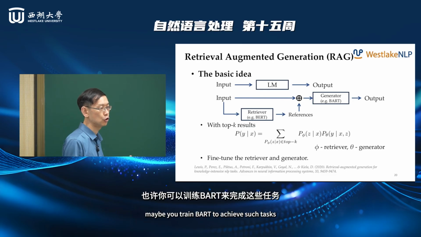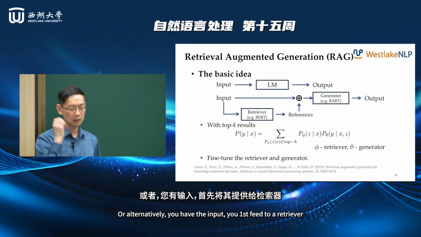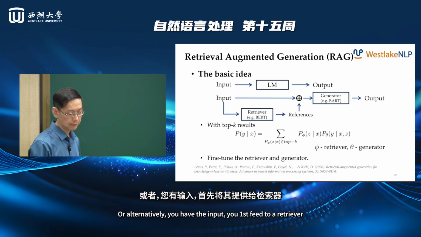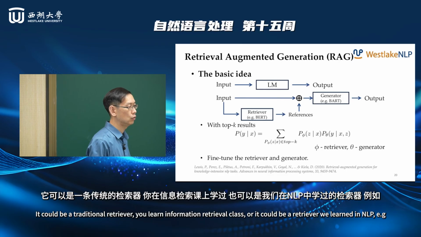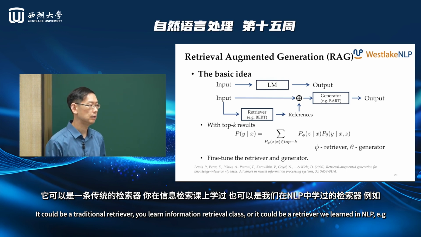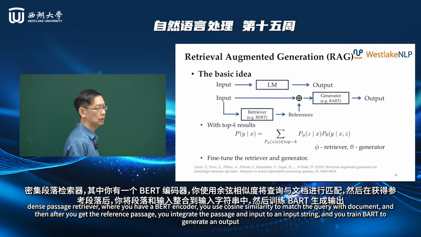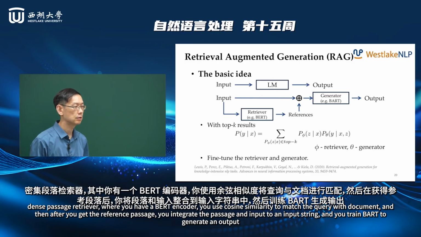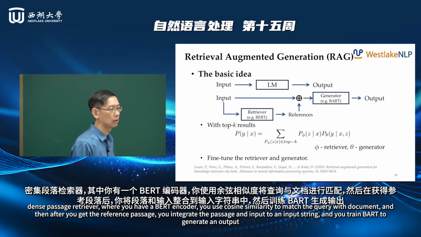Maybe you train BART to achieve such tasks. Or alternatively, you have the input, you first feed it to a retriever. It could be a traditional retriever you learn in the information retrieval class, or it could be a retriever we learned in NLP, for example the dense passage retriever, where you have a BERT encoder and use cosine similarity to match the query with a document.